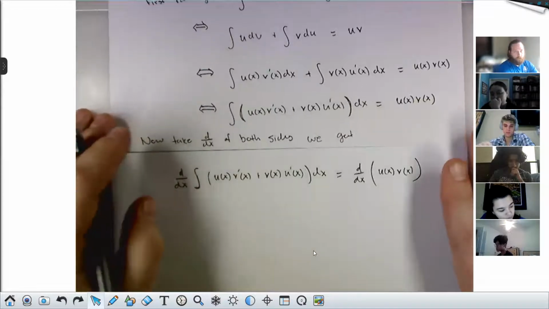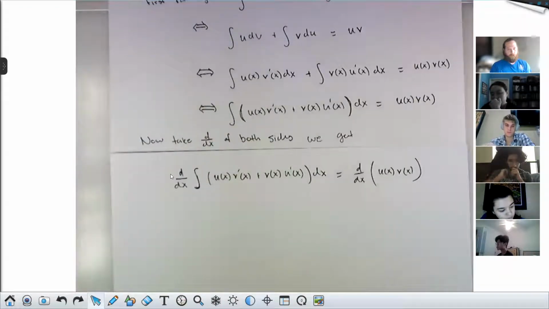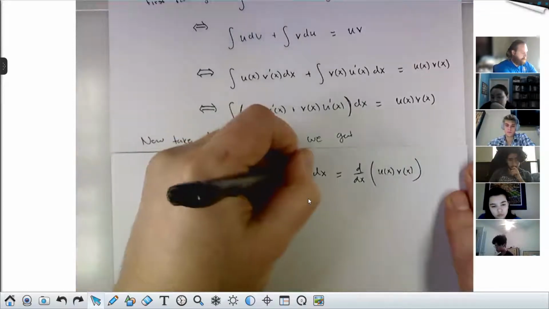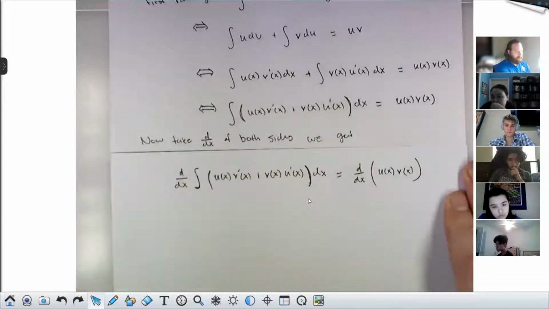And then I ask you, what is the derivative of the indefinite integral of some stuff? I'm taking the derivative of the antiderivative of this thing. So the derivative and the integral cancel each other.